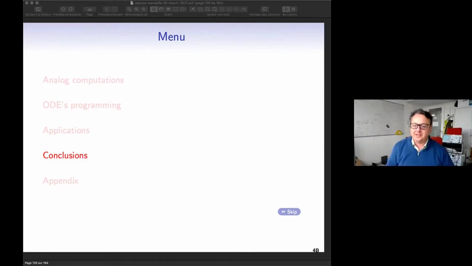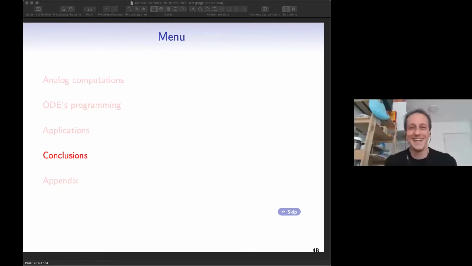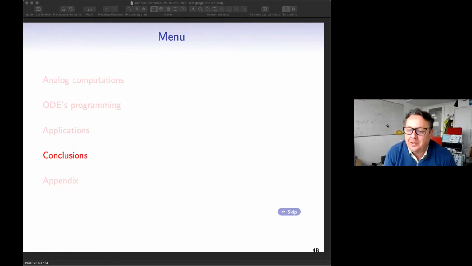Yes. Okay. You have to understand something. When we go from a machine to a mathematical model of the machine, we go to an abstraction.